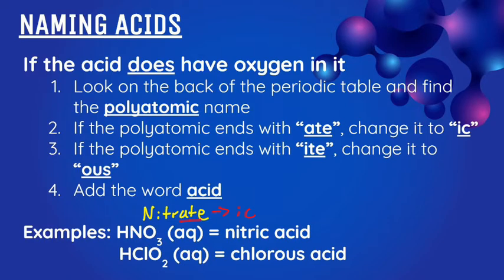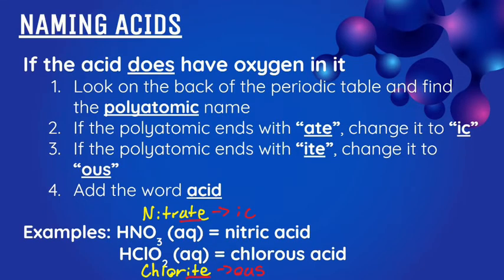And then looking at our HClO2, the ClO2 is going to be our chlorite. And we're going to change that ITE at the end to OUS. So we're going to get our chlorous acid.